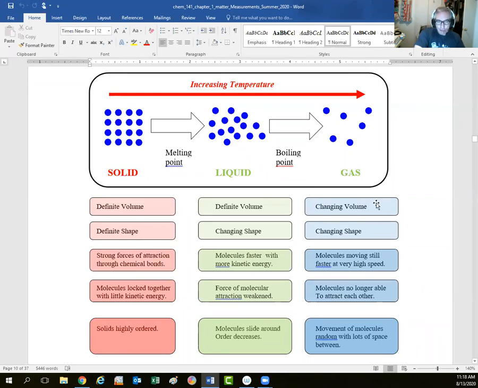So now we do have changing volume, depending on just how high the temperature is. The natural law of things is, the higher the temperature, the faster molecules move, and the more space they take up. Think of it like a group of runners in an athletics meeting.